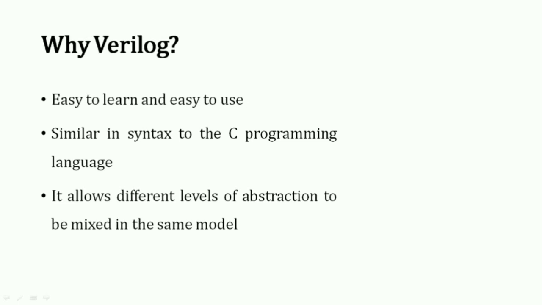It also allows different abstraction levels to be mixed in the same module. When we are writing Verilog HDL code, we can write in different abstraction levels, and we can also combine these four different abstraction levels in a single module.